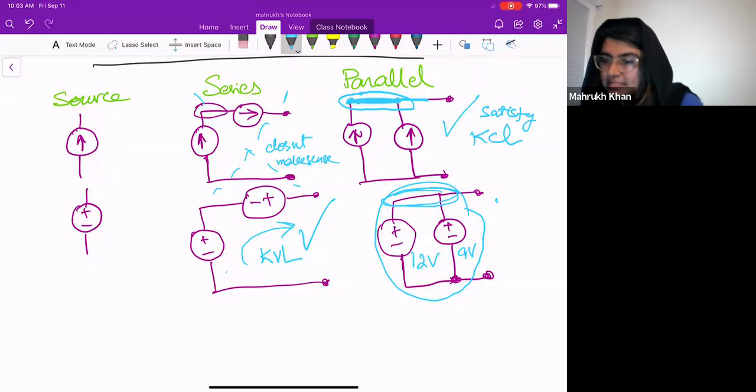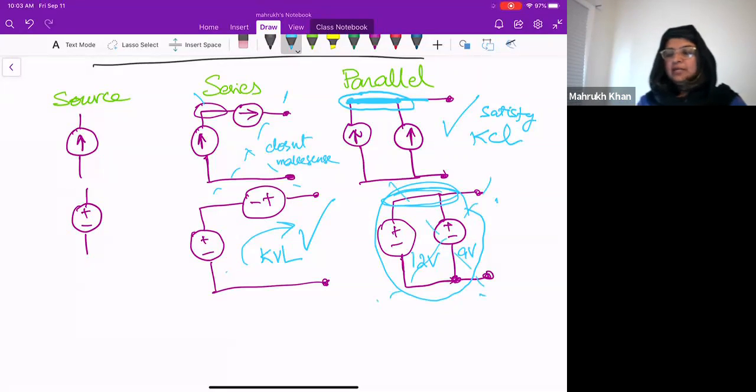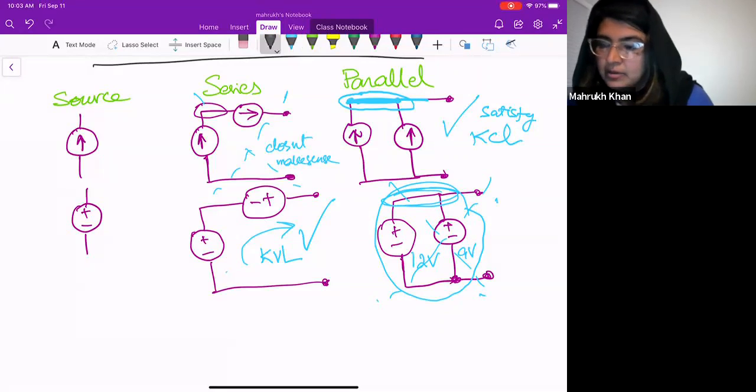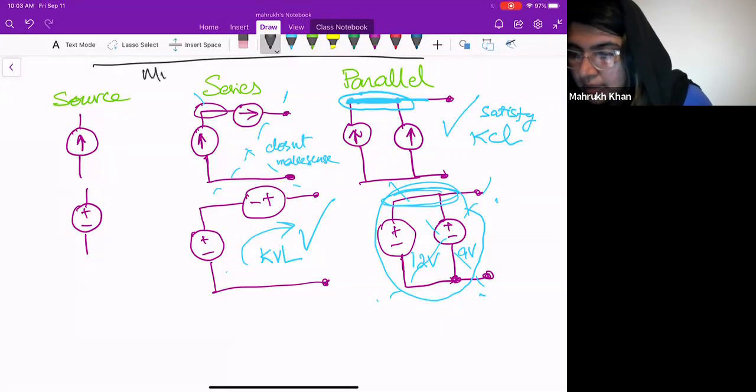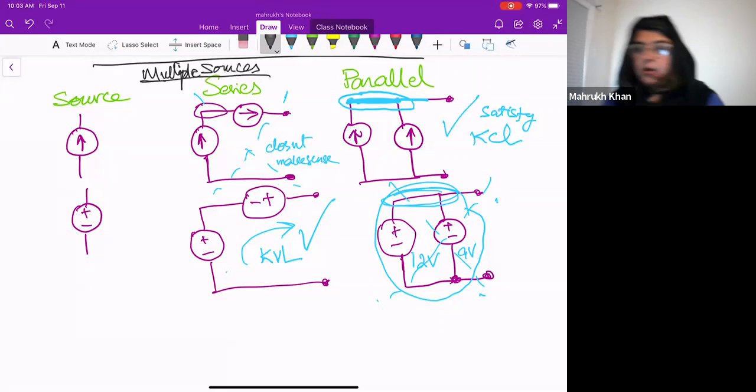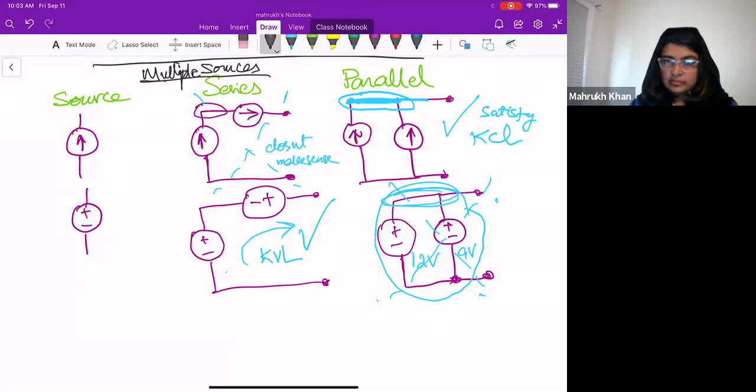That's why this does not make sense. When we are talking about multiple sources, we should be aware that the sources we combine should satisfy one of these two rules, KCL and KVL.